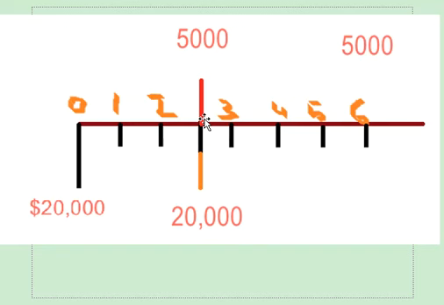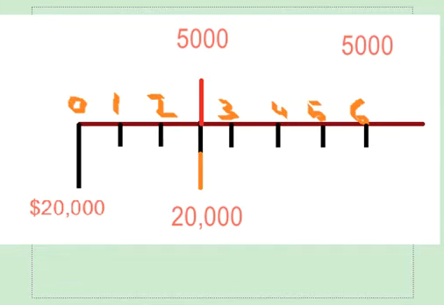I want to find the equivalent of that money in what? In the annual domain. That means I want to know the equivalent of my money at year 3, per year, how much it would be. So I want to get this money for how many years?